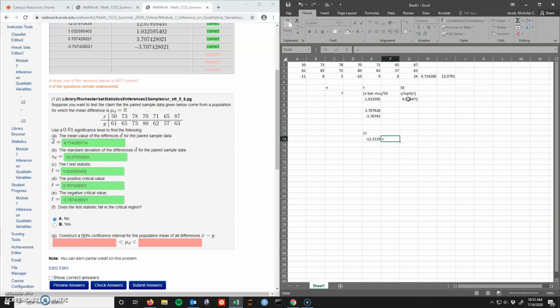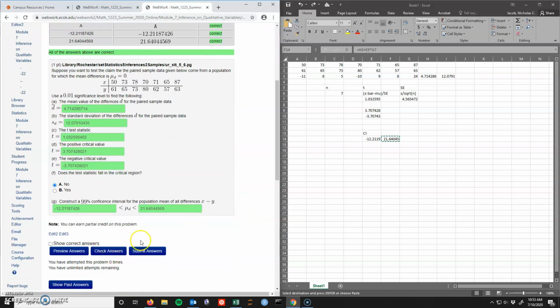And we'll do our statistic plus the t star times our SE. So only a little bit changes here, but it can be a little tricky. So there's our confidence interval. I'm just copying and pasting. Whoops. All right, and we'll check. There we go. I'm all right.